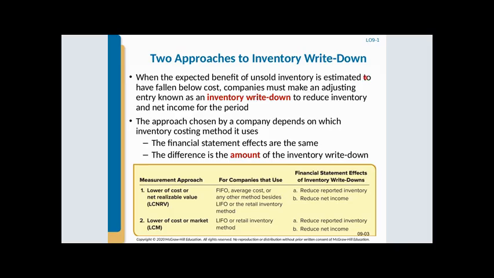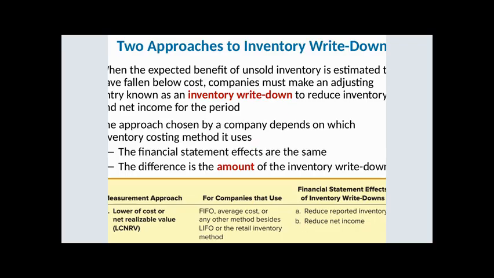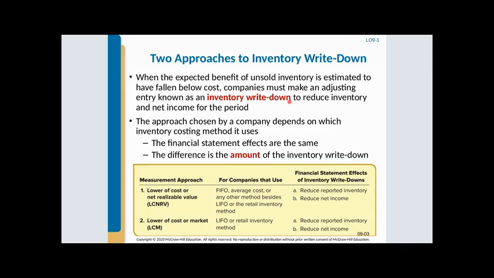Okay, so we actually have two approaches to inventory write down. One is the lower of cost or net realizable value. In the past, we only had option number 2, but we started having two options due to the convergence with IFRS.